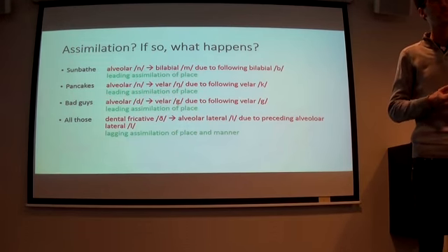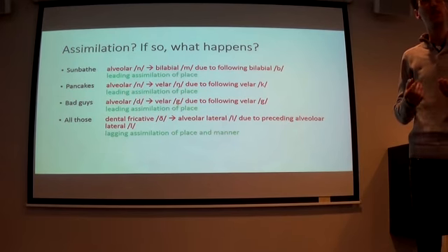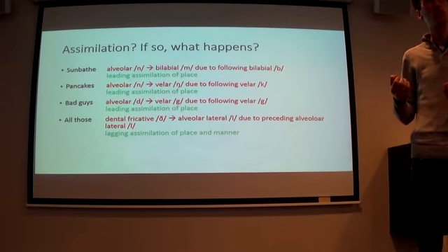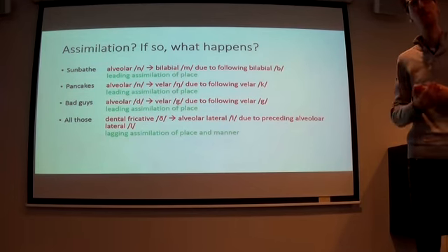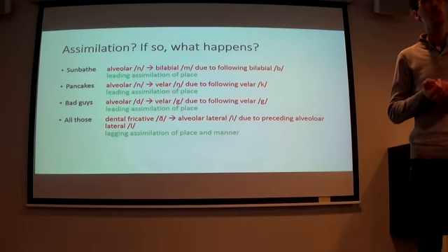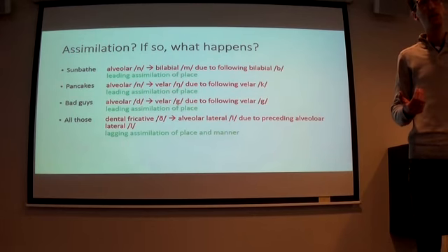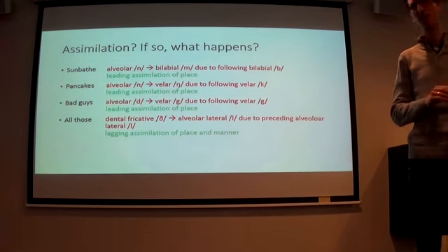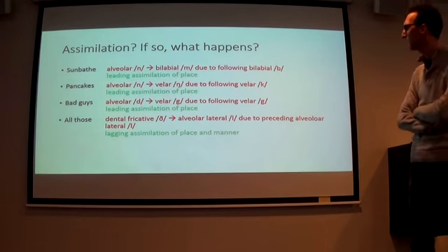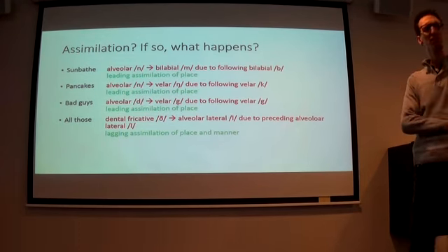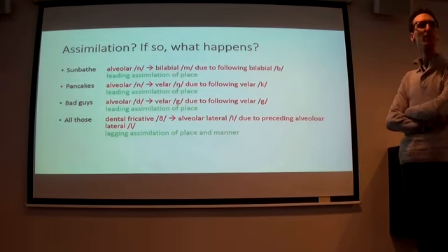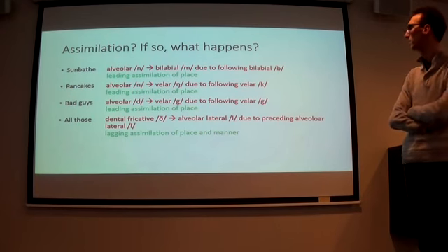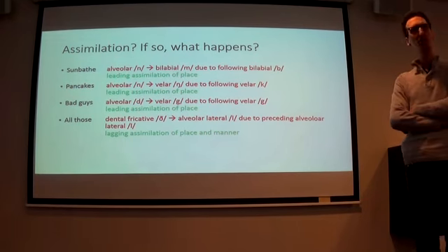What is necessary is only the labels that change. If only place changes, you really only have to write down place. But to make sure that you don't forget something, I'd advise you to write down the entire thing. So for sunbathe, maybe just on a piece of scrap paper, write down voiced alveolar nasal becomes voiced bilabial nasal.